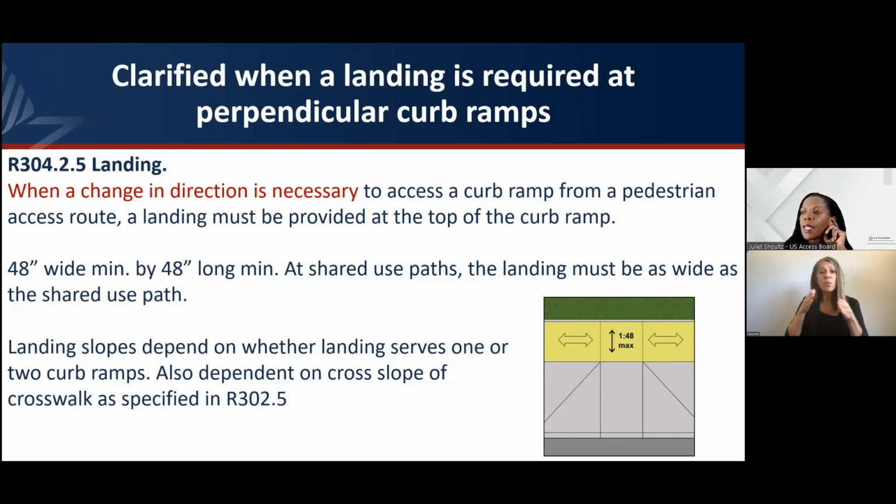The slopes of the landing depend on whether the landing serves 1 or 2 curb ramps, and it's also dependent on the cross slope of the crosswalk as specified in the final rule at R302.5. So again, the key change we made is that a landing at a perpendicular curb ramp is only required when there is a change of direction.